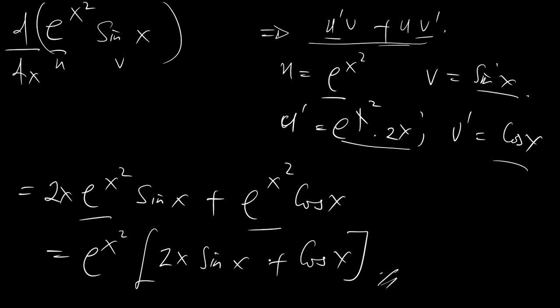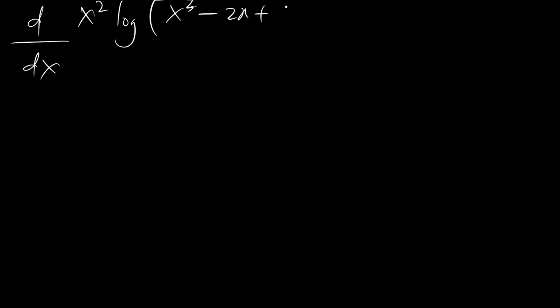So now let's also solve a particular problem, which is another one, and this should be the final one. You have the derivative of x squared log of x cubed minus 2x plus 5 base a.